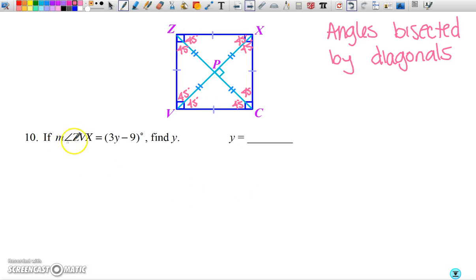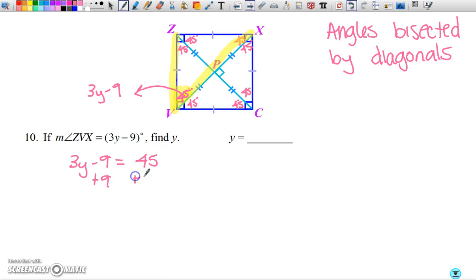trig. So ZVX, that would be the angle starting at Z, going to V, and then up to X right here. So it's this angle right there. Well, you notice that I already labeled it as 45, but it's also 3y minus 9. So that means then I can take this 3y minus 9 and set it equal to 45.